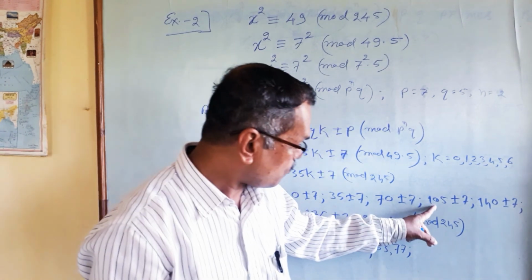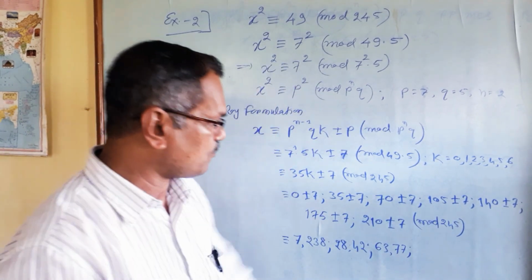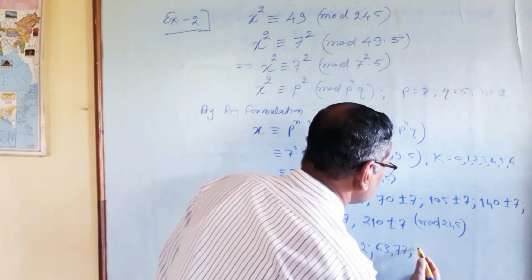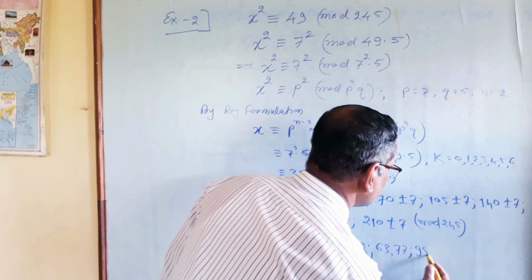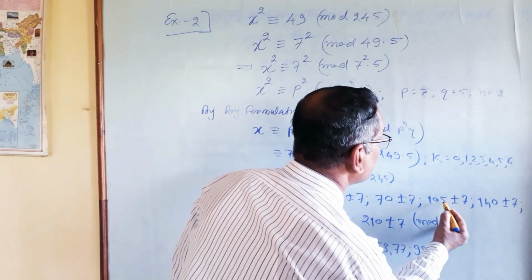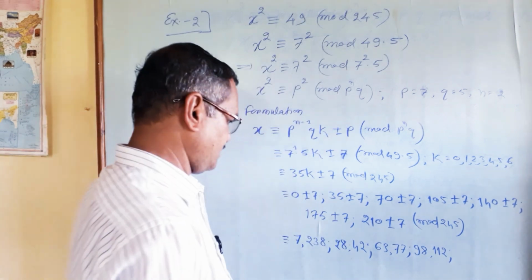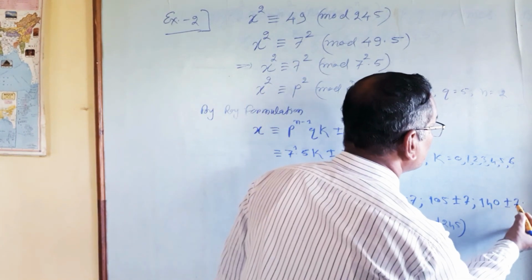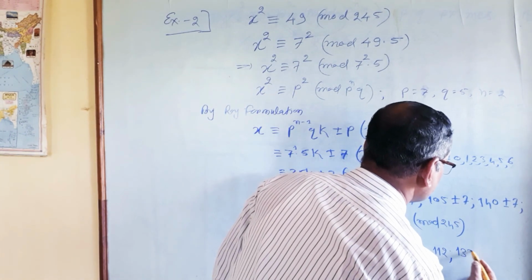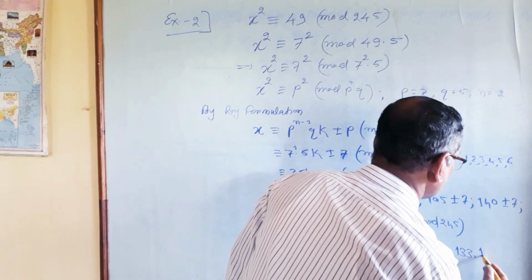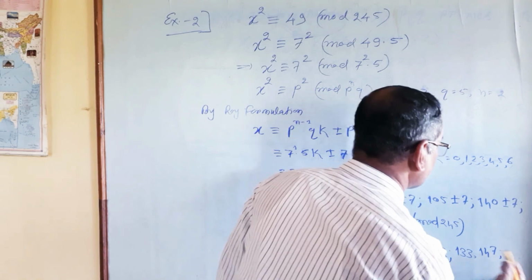Here also 105 minus 7 and 105 plus 7. So 105 minus 7 means 98 and 105 plus 7 means 112. Similarly here 140 minus 7 is 133 and 140 plus 7 is 147.